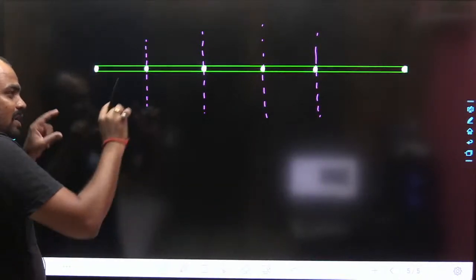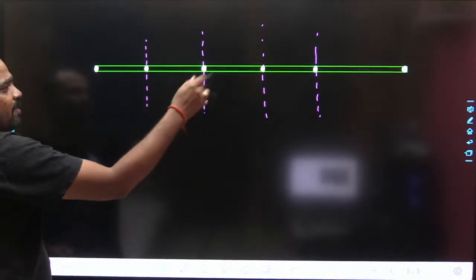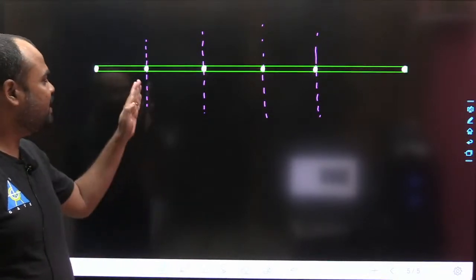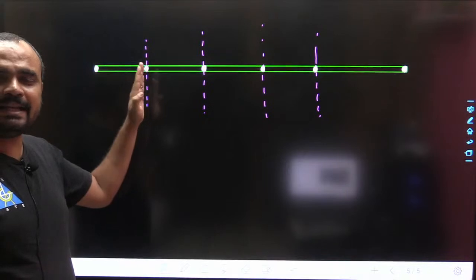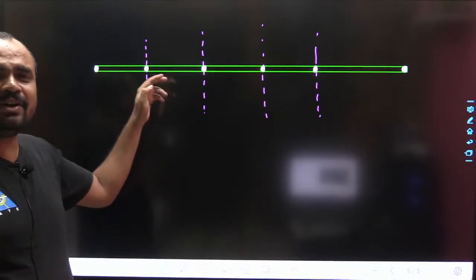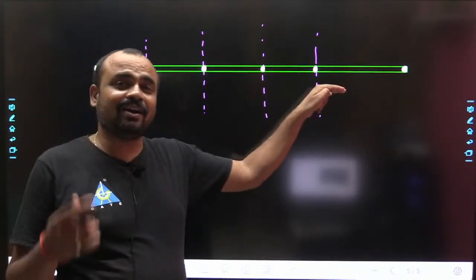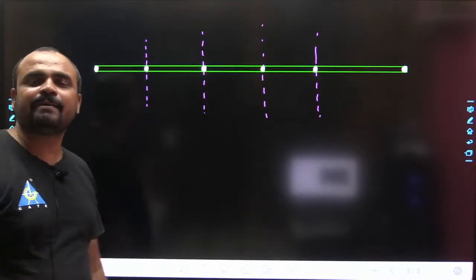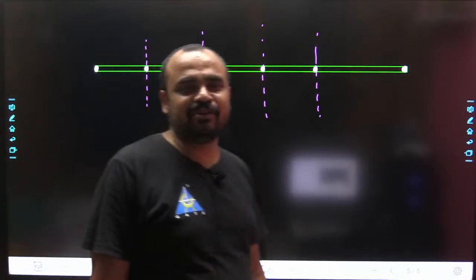So a long stick will be cut into 5 parts. Where the cut will apply inside the stick, the receiver wouldn't be able to identify until and unless the sender marks the stick. Are you getting my point or not, everyone?